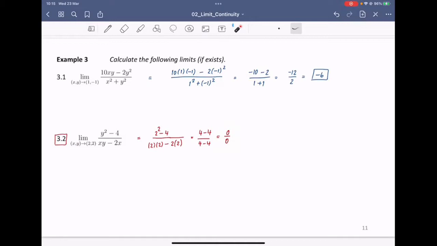As we learned in calculus 1, it is not okay to answer 0, or to answer undefined or something. This is an indeterminate form, IF, which means you need to simplify or do something first before you compute the limit, because this is not computable. Zero over zero can be anything, right?